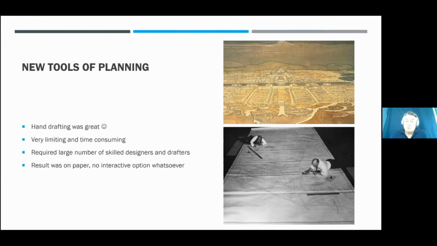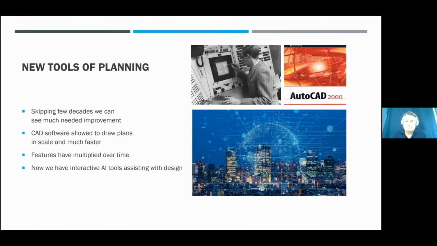Moving a little bit forward, and when I say a little bit, because this happens in the late 60s when the computers took over. As you can see on the top left image, that was one of the first CAD drawings ever done on a computer, of a size of, I don't know, 3 square meters or something like that, which was fantastically innovative and advanced at the time. 50 years later, we had AutoCAD.